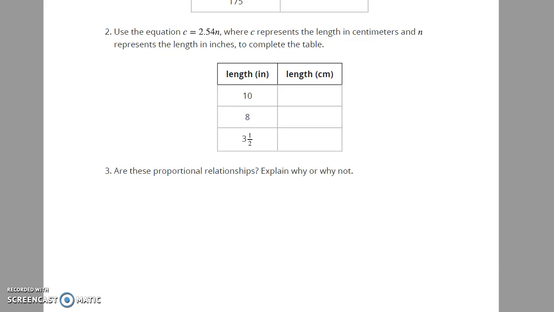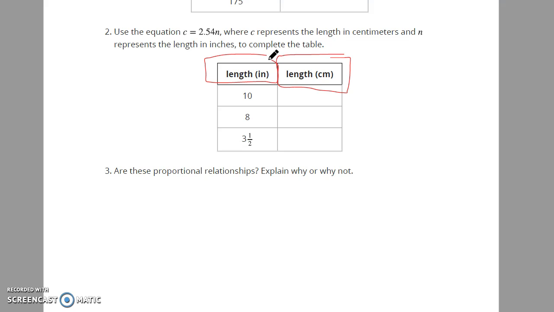All right, for number 2, use the equation C equals 2.54n, where C represents the length in centimeters, this friend right here, and n represents the length in inches, our other column right here in the table.